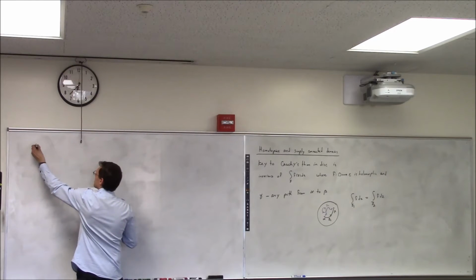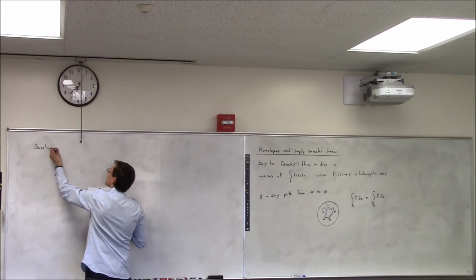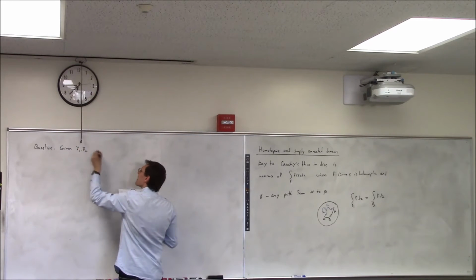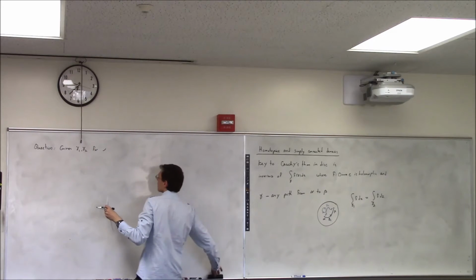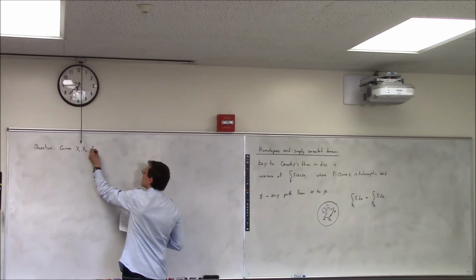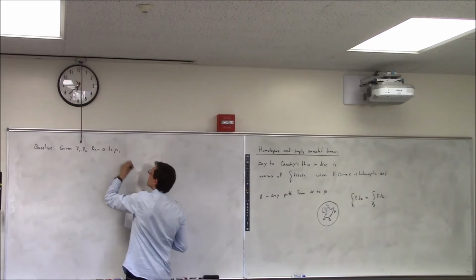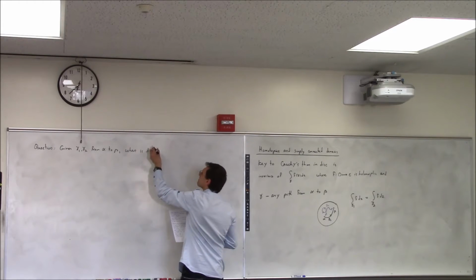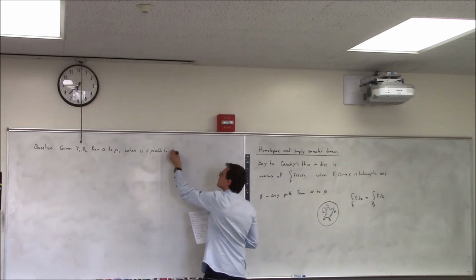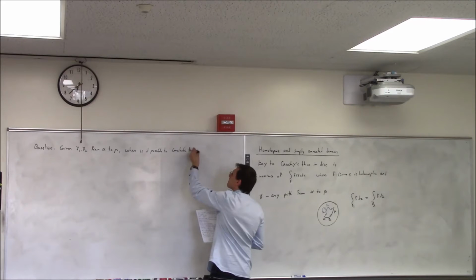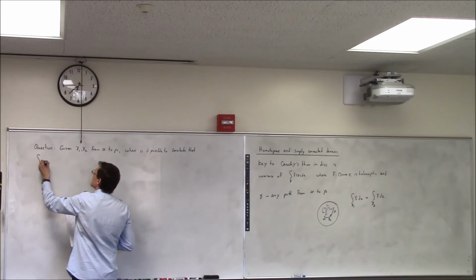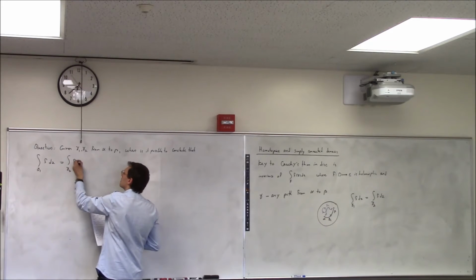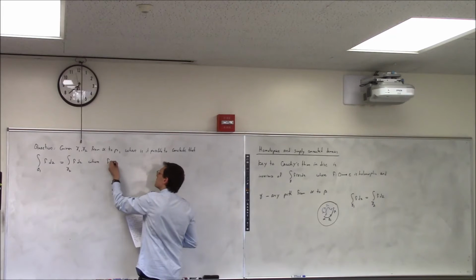So the question is a general question. Given gamma 1, gamma 2 from alpha to beta, when is it possible to conclude that the integral over gamma 1 is equal to the integral over gamma 2, where f is holomorphic?